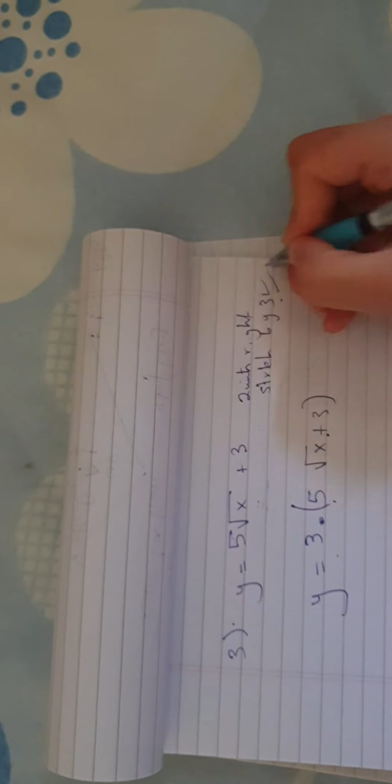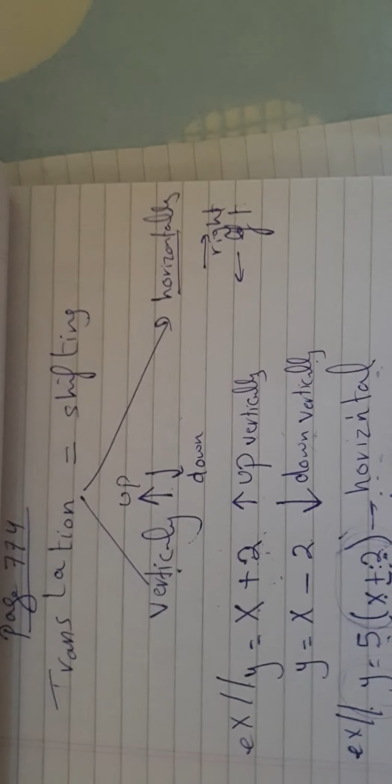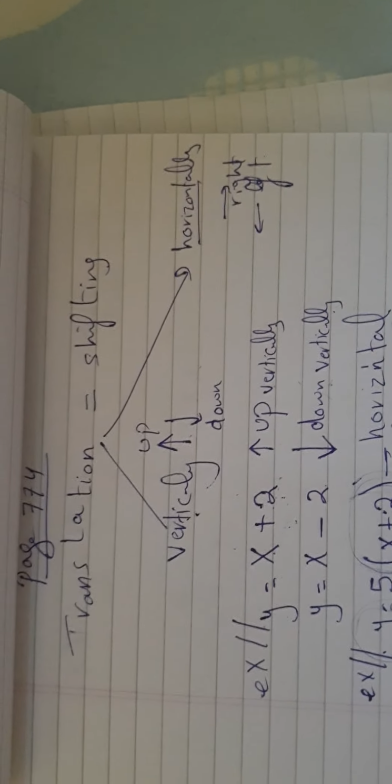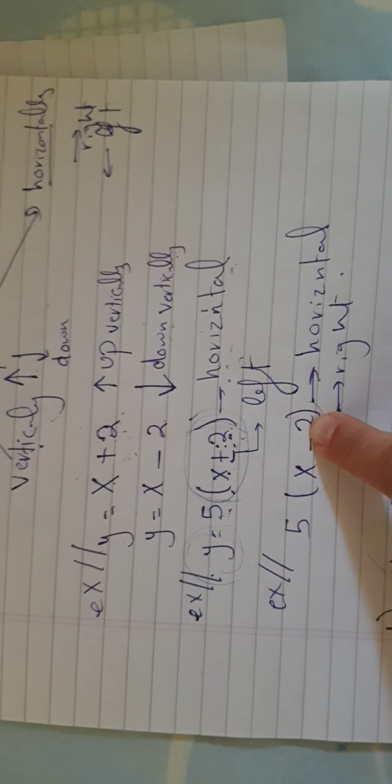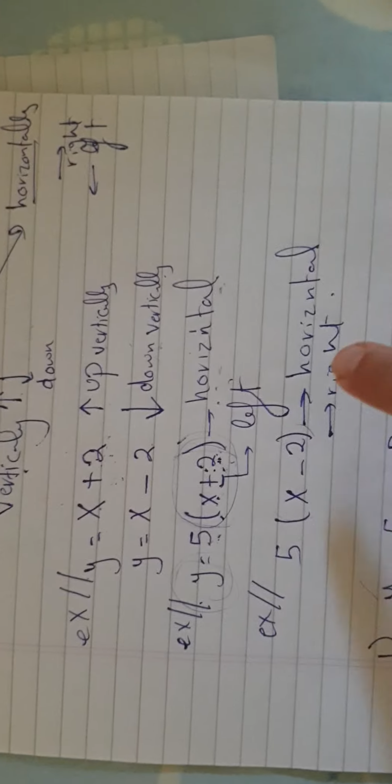I finished the stretching. What about the 2 units right? Going back here, we said, you have to know this, right? And I'm going to include a bracket for the x itself, and then I'm going to subtract. X minus means going right.